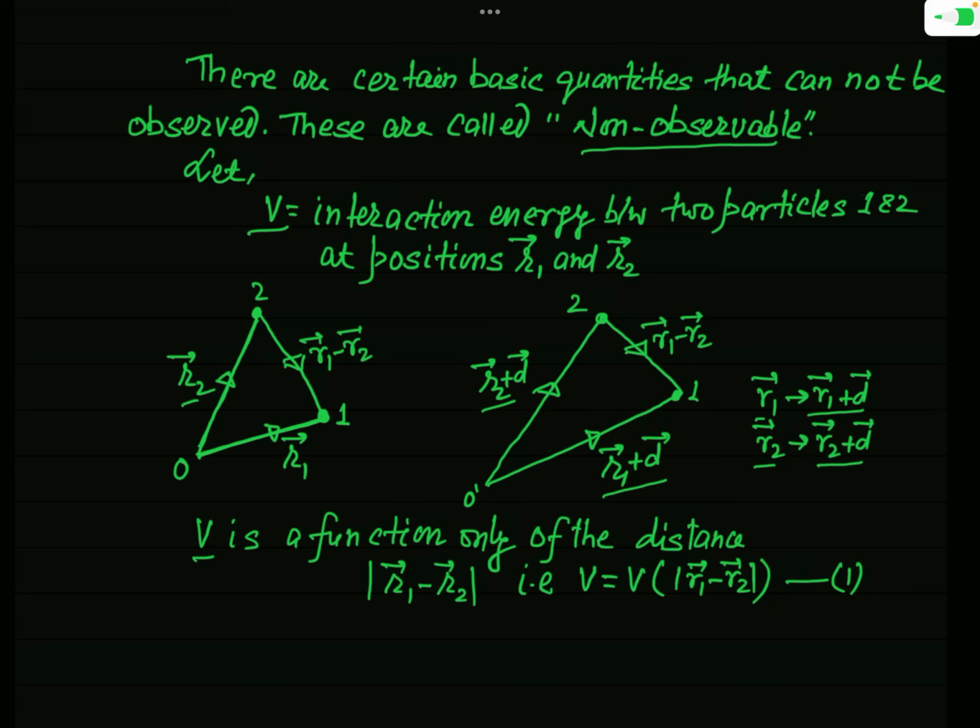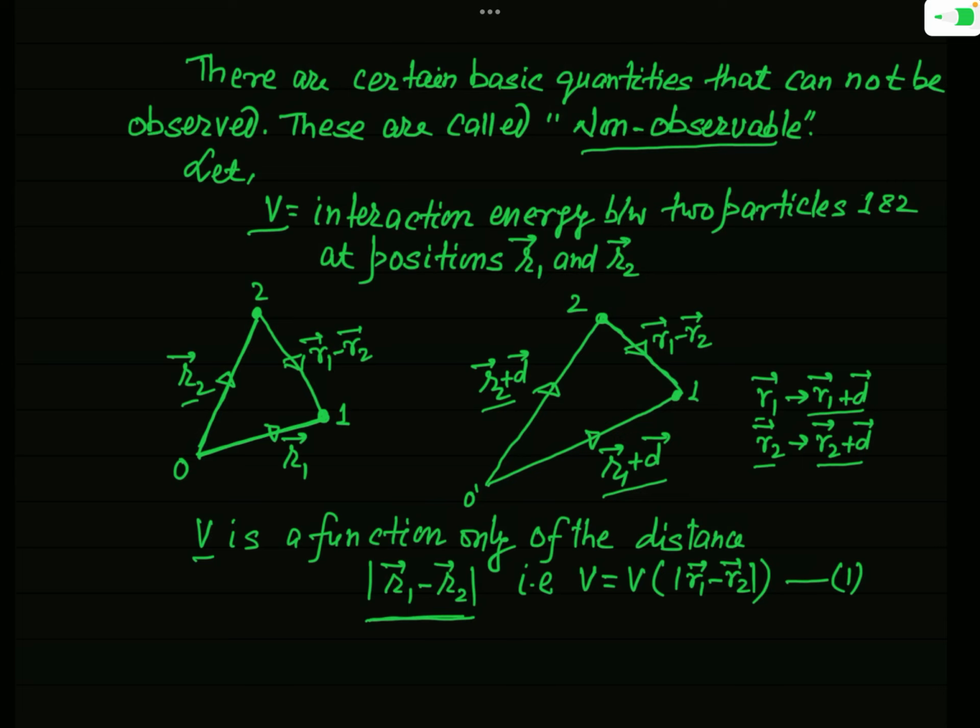And you can see from the first figure, when the position vectors of particles 1 and 2 were R1 and R2, then the distance between these two particles is actually the mod of R1 minus R2. And even when we have selected the origin O prime, even in that condition you can see the separation between these two particles is again the modulus of R1 minus R2.